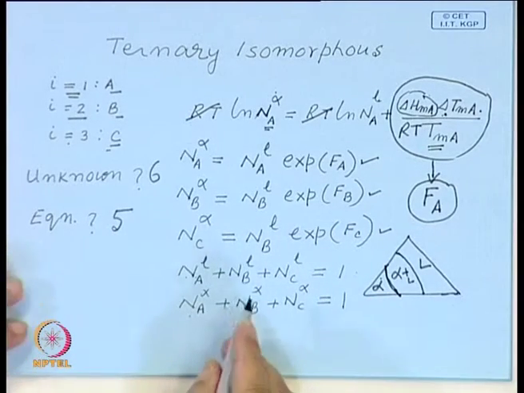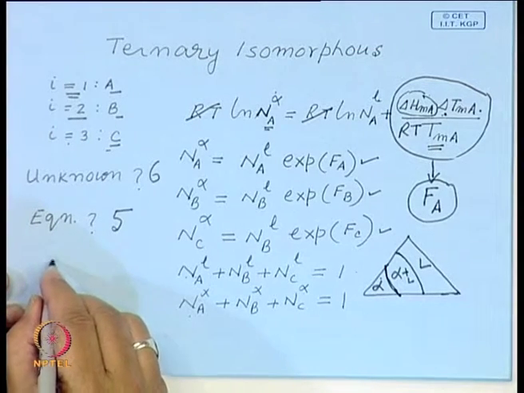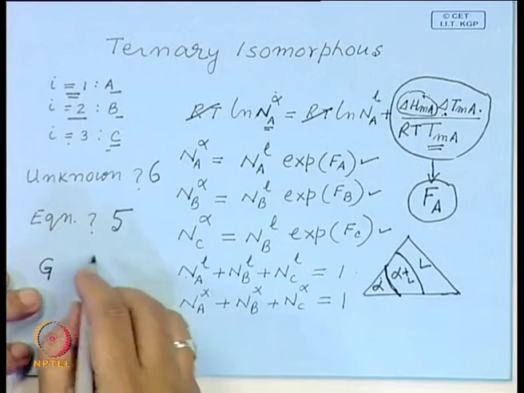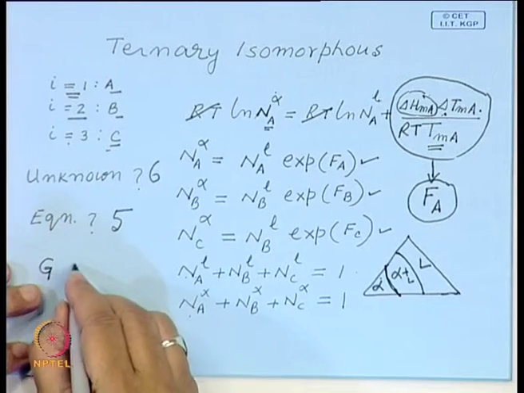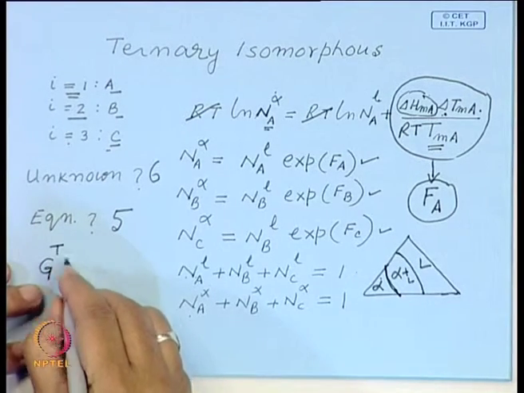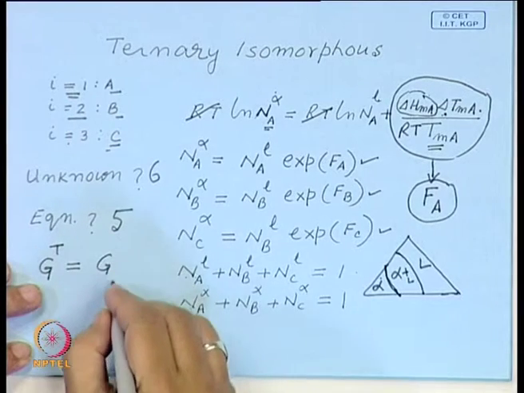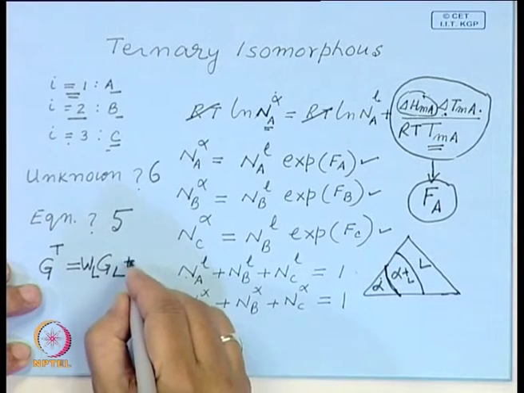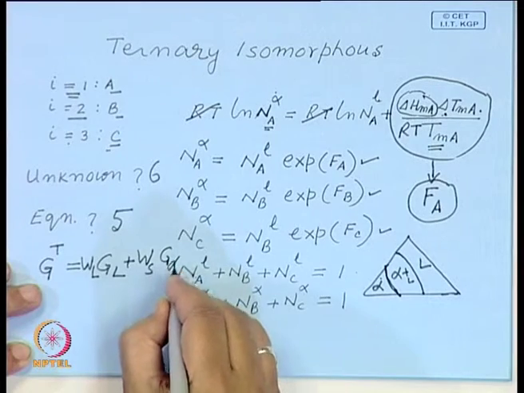The best way is to construct the total free energy, which will be a mixture of the weight fraction of liquid times the free energy of liquid, plus the weight fraction of solid times the free energy of alpha.